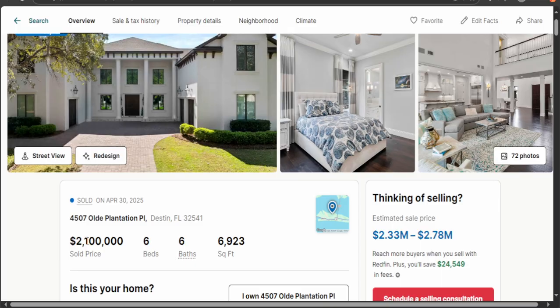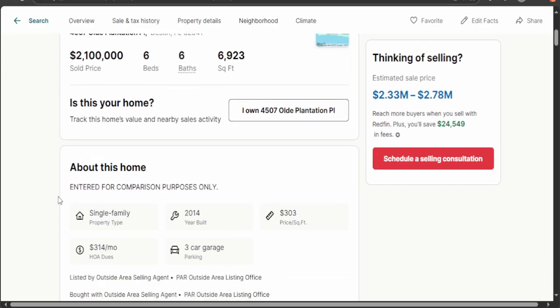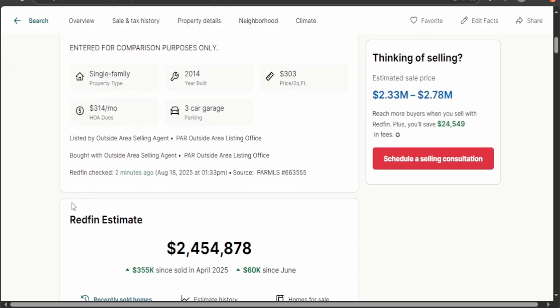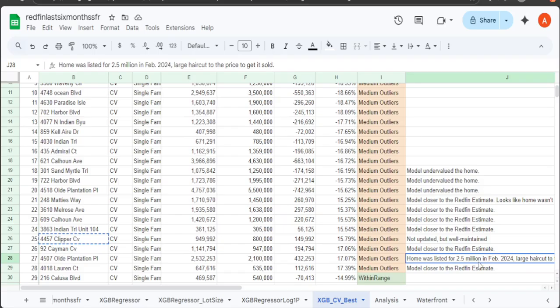So we have 2.1 million. Thus, what they probably did was, they probably just listed it, let's see, when did they list it? 2.5 in February 2024.